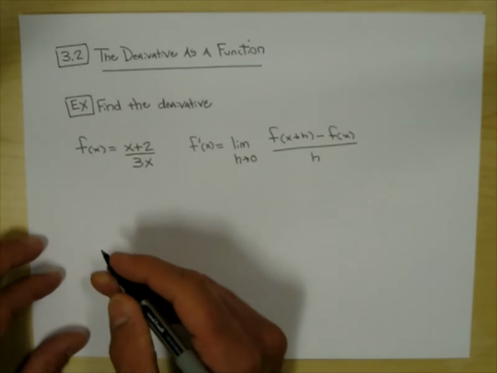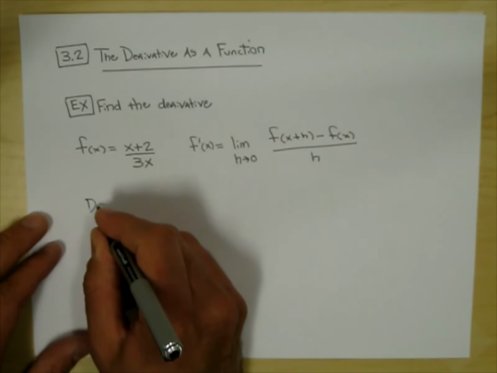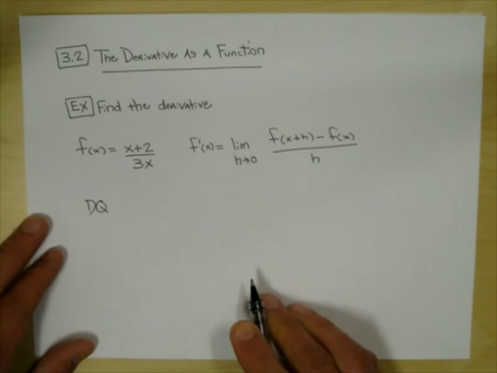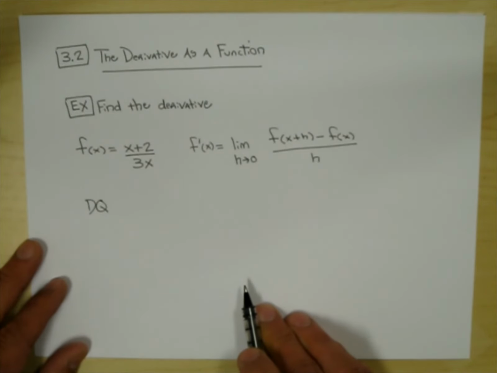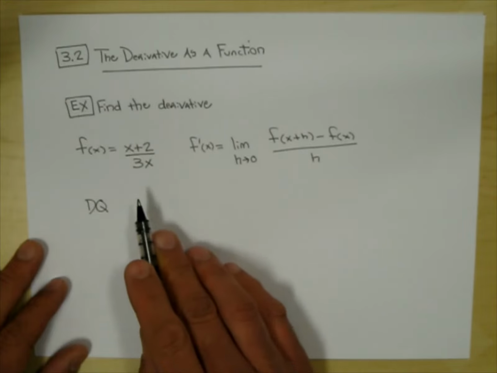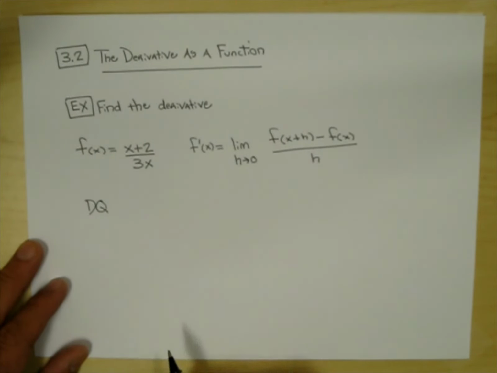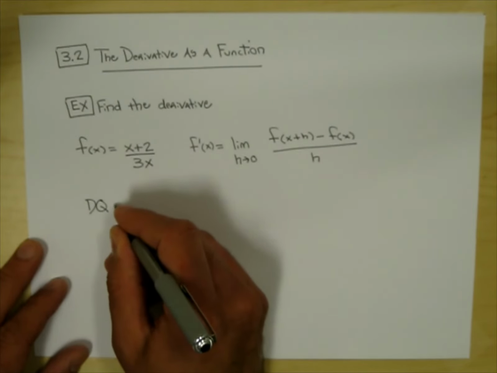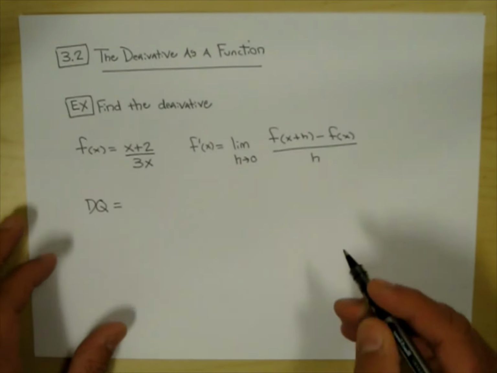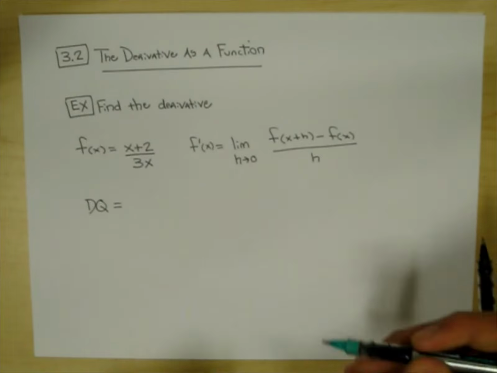So what we're going to do is start off by figuring out DQ. So now would be a good time to pause the video to see if you can find the derivative of this function. The first part is DQ. Okay, DQ is this guy right here.